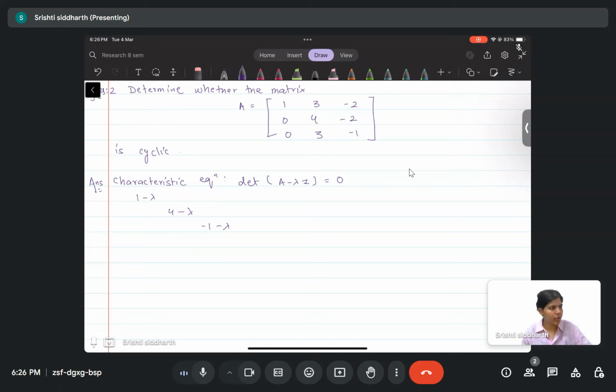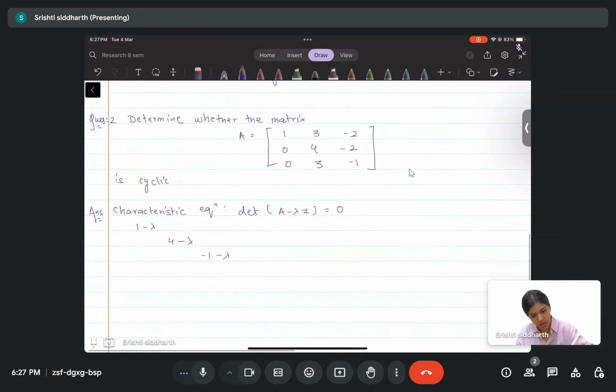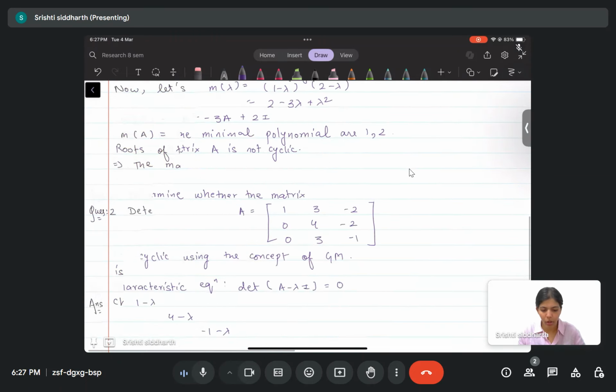So it's the same question. Okay, so what we'll do is use the concept of geometric multiplicity. We have seen the approach using the minimal polynomial.